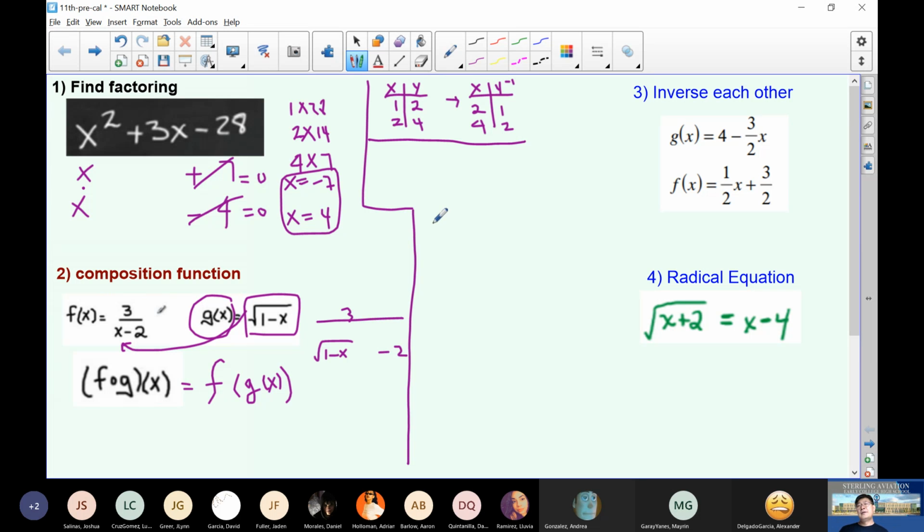Now, to have an inverse, the function should be a one-to-one function, right? Do you remember what a one-to-one function is? One-to-one function is like this.